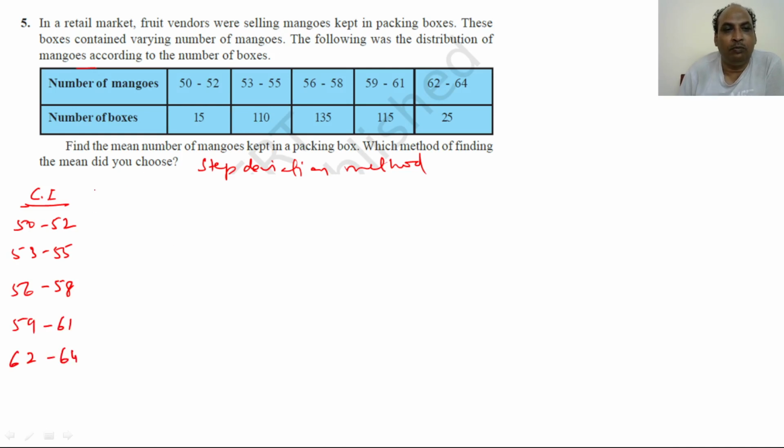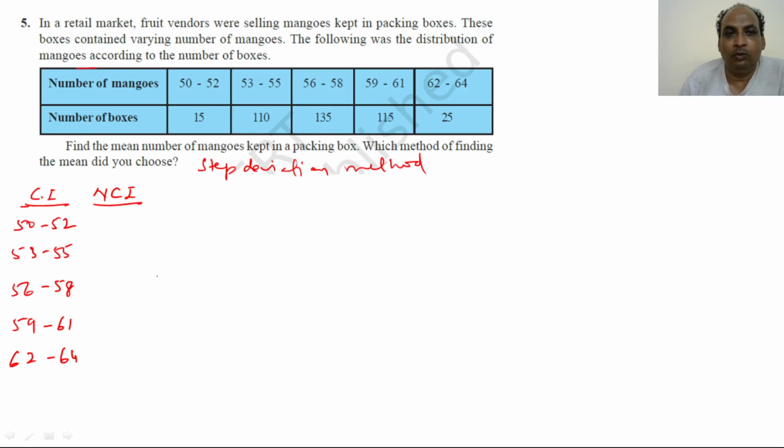Now we need to make a new class interval, where we will do some changes. The difference between 50 and 52 is 2.